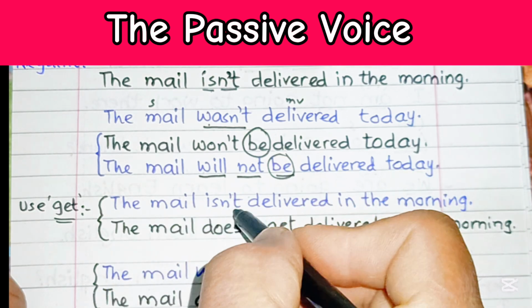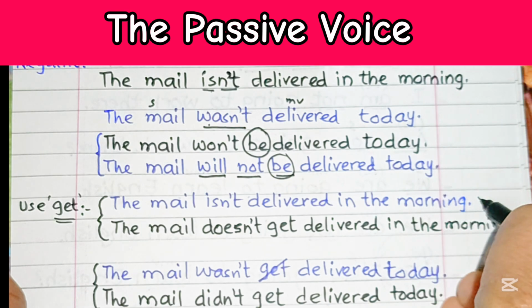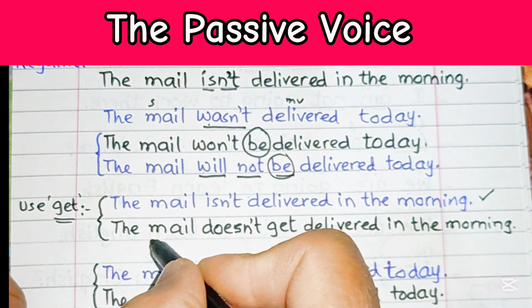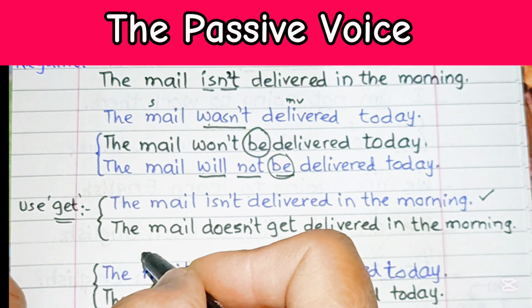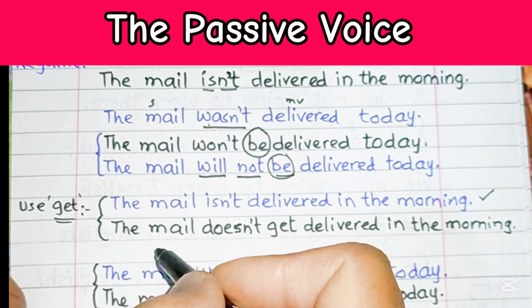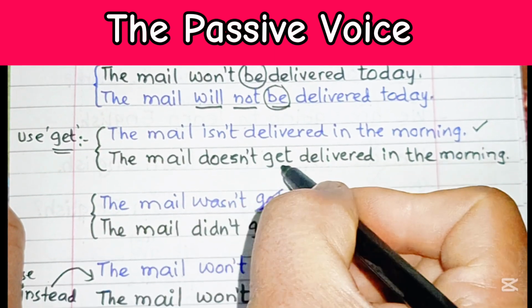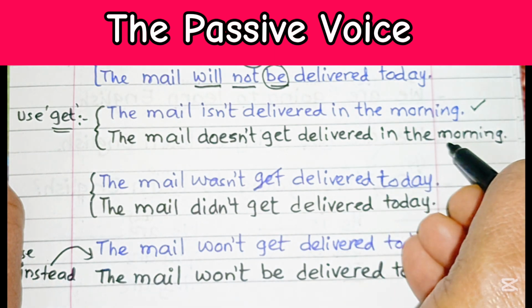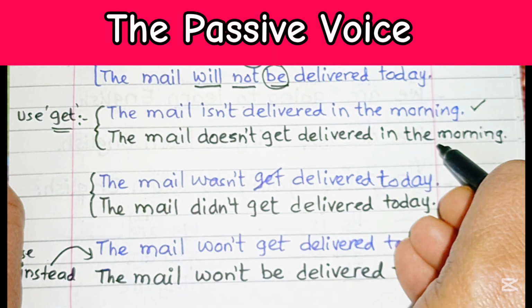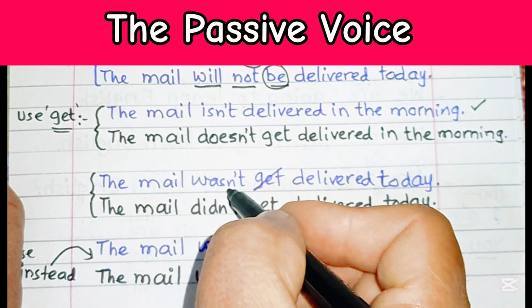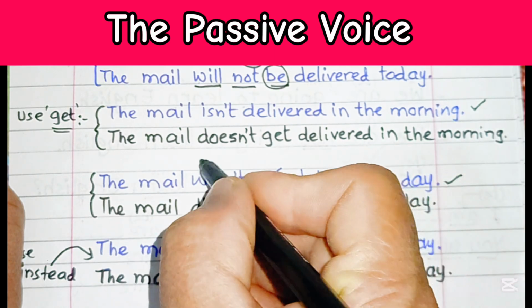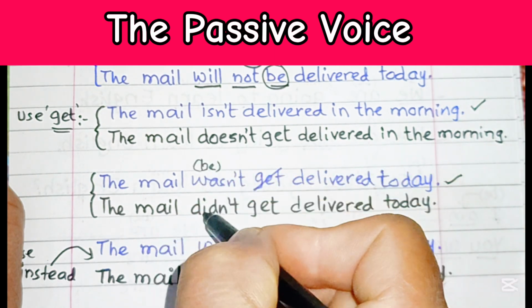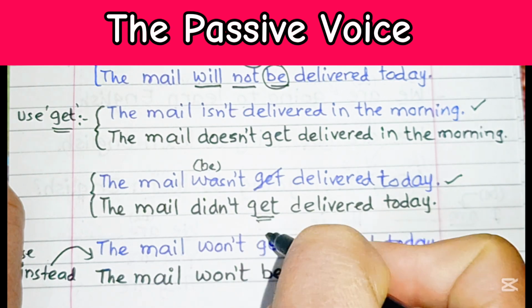Instead of saying the mail isn't delivered in the morning, we can make use of get. The mail doesn't get delivered in the morning, or the mail didn't get delivered today. This is the simple way by using the verb be, but we can also use get.